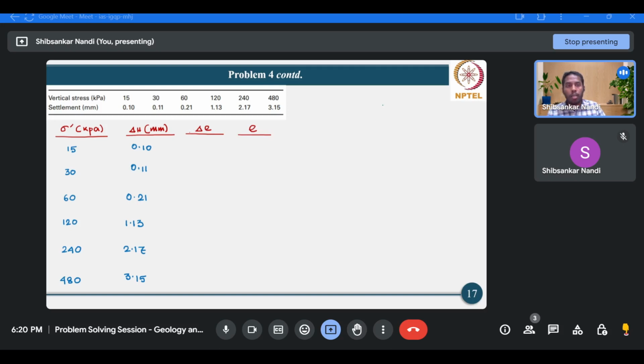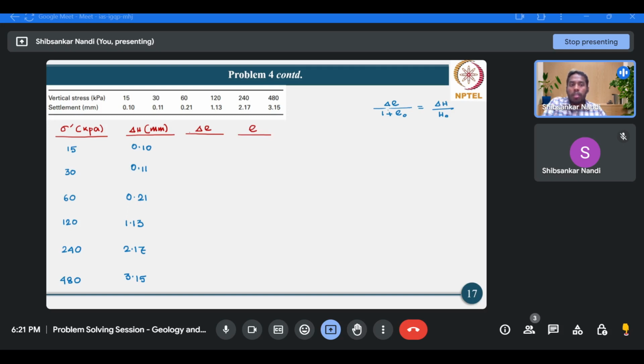We utilized this equation several times in the previous week. Delta e divided by 1 plus e0 equals delta H by H0. By this method, we are relating the change in void ratio to the change in thickness.